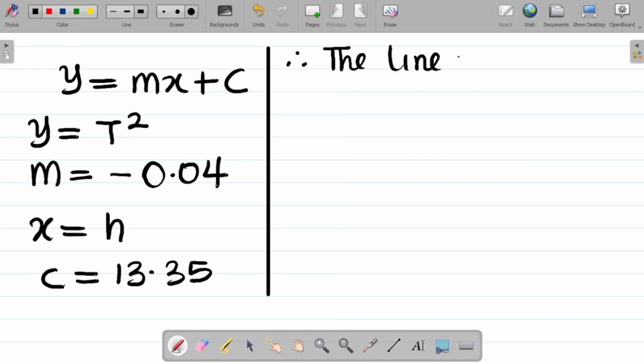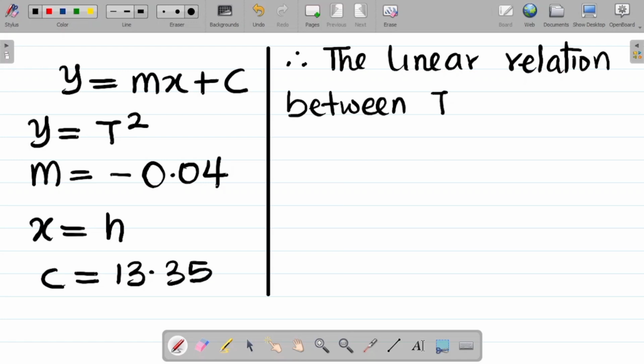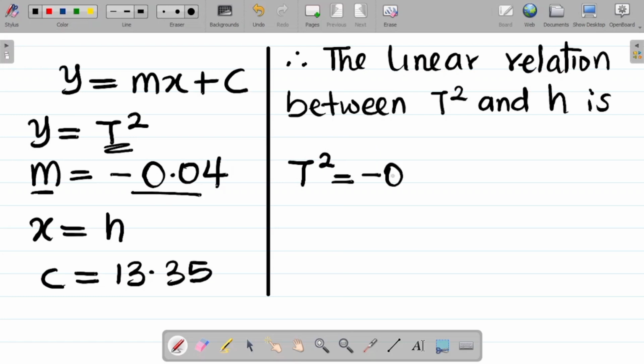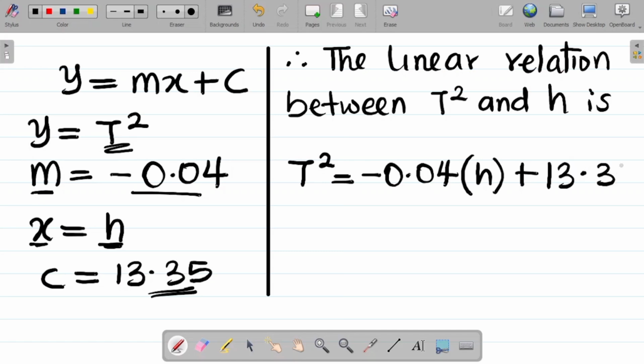the linear relation between t squared and h is, so y, which is t squared, is equal to m, which is minus 0.04, times x, which in this case is h, plus c, which in this case is 13.35.